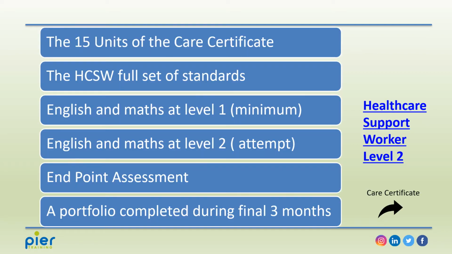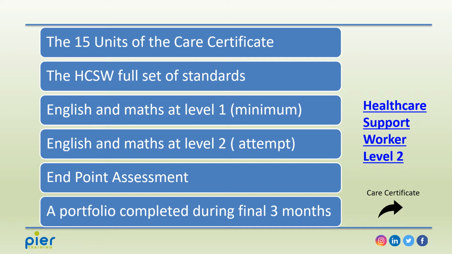The level 2 is called Healthcare Support Worker Level 2 Apprenticeship Standard, and in order to achieve the full standard you first have to have achieved the care certificate, the 15 units of the care certificate, the Healthcare Support Worker full set of standards as indicated by the Institute for Apprenticeships, and level 1 Maths and English, or an equivalent, so this is referring to functional skills.